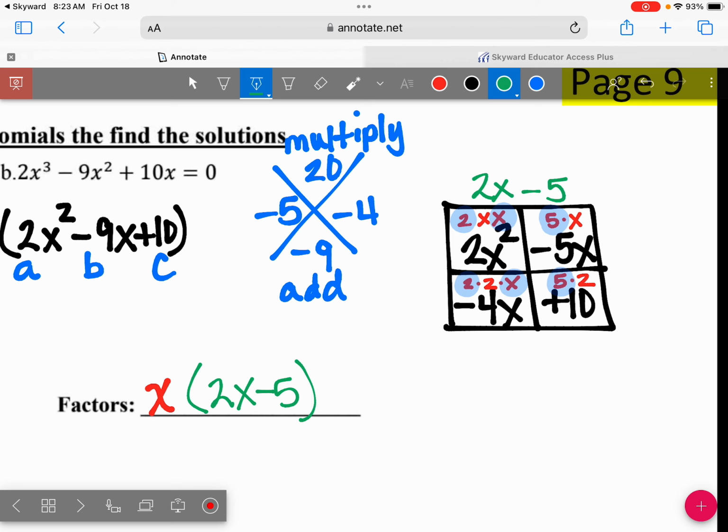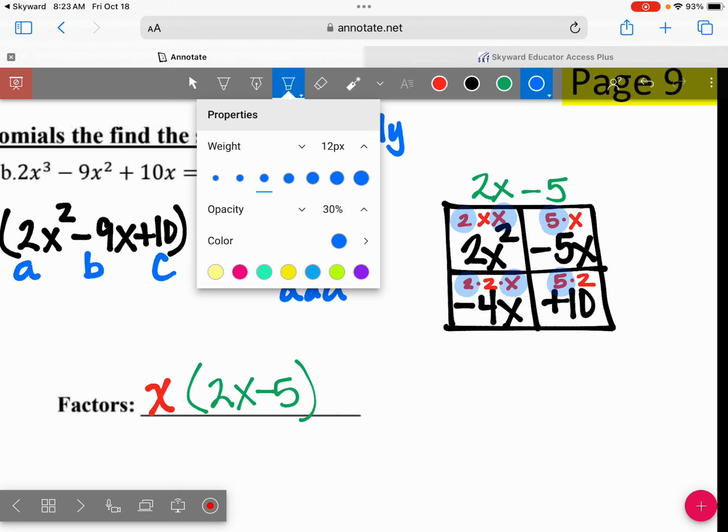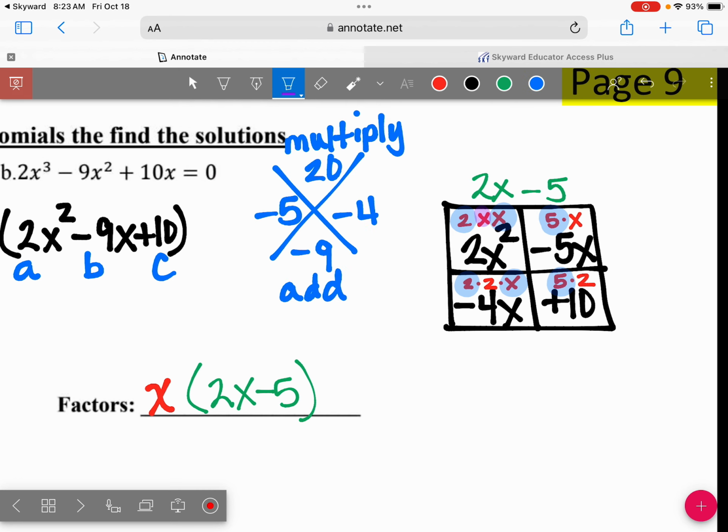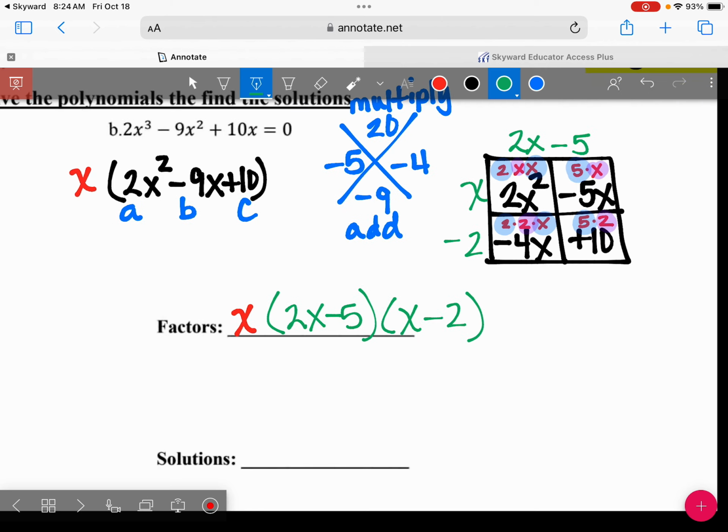That's a factor. And then when we go across, the only thing left is an x and a 2. So I'm going to take out the x. And it has to be a -2 because it has to match the sign. So that would be your 3 factors.